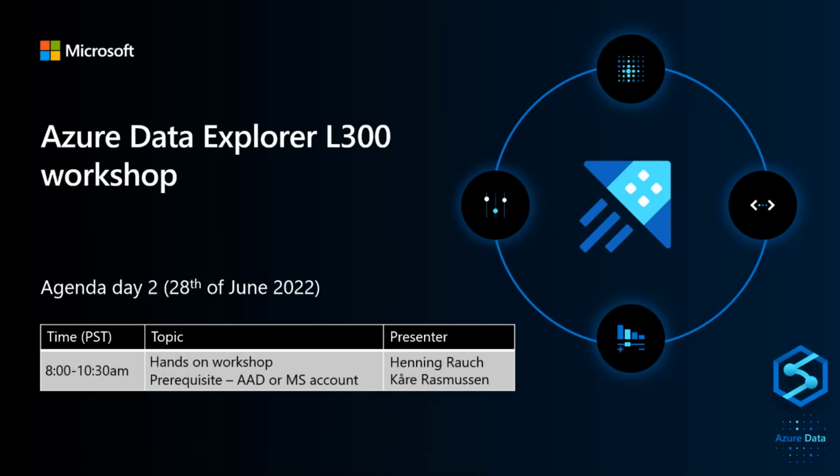On the second day of the agenda, we are going to do an entire 2.5 hours of a hands-on lab. The idea of this hands-on lab is that you, the developers, are enabled to build your own environment, maybe a demo environment, including a good amount of really nice Azure Data Explorer or Kusto features.